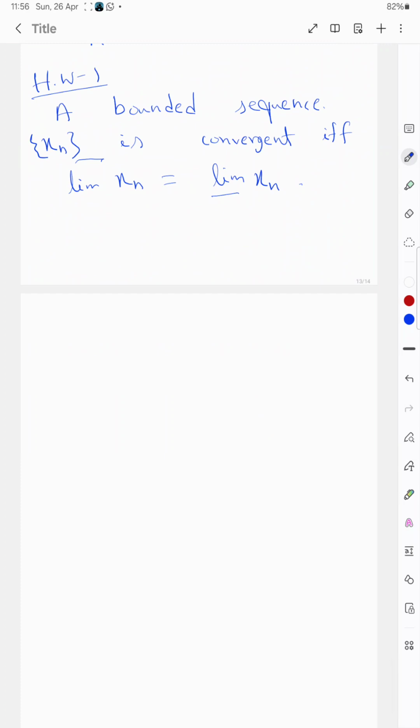You can note this type of point: if you have two sequences un and vn, then limit supremum of un plus limit supremum of vn will be greater or equal to limit supremum of un plus vn.